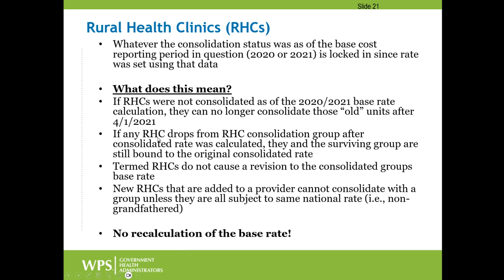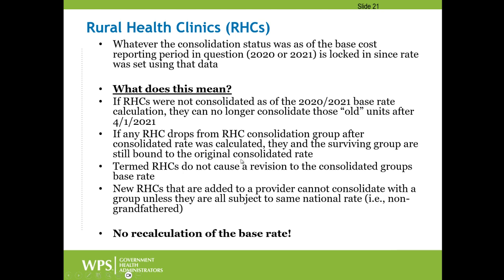If there's an RHC that drops from the consolidated group after that consolidated rate was calculated, again, generally due to termination, but perhaps not, they might be elsewhere, they and the surviving group are still bound to that original consolidated rate. That's the rate they were paid initially. That's the rate that was calculated for them.